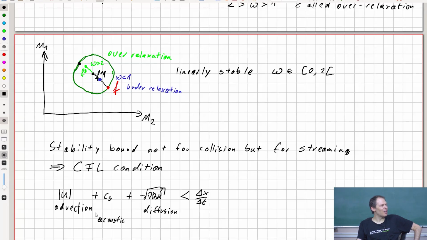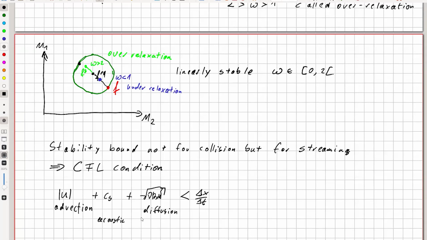And by the way, now we have a chicken and egg problem, because whenever it crashes, it will violate this condition. It is almost impossible that it crashes without violating this condition. So does it crash because it violates this condition, or does it violate the condition because it crashes? That's a difficult question, but your program crashes once this barrier is hit. So this is the end of your simulation.